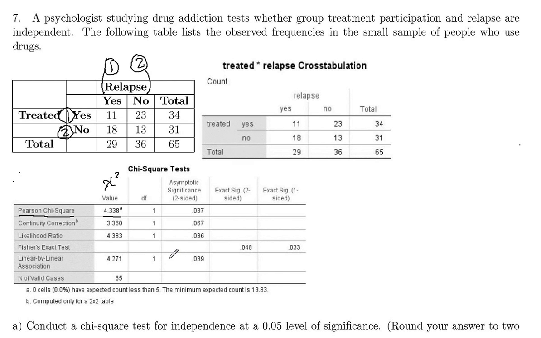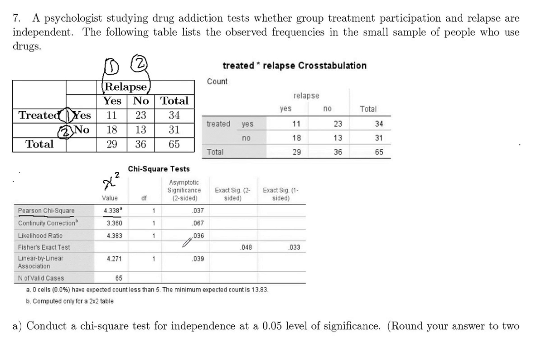Our expected counts are calculated by multiplying by probabilities based on this table, and it says none of those were less than 5, which is an important condition. If you get one that is less than 5 in practice, then you want to take a good look at your data and see if you can't use different data or collect more data to make sure you don't have a count that's less than 5.